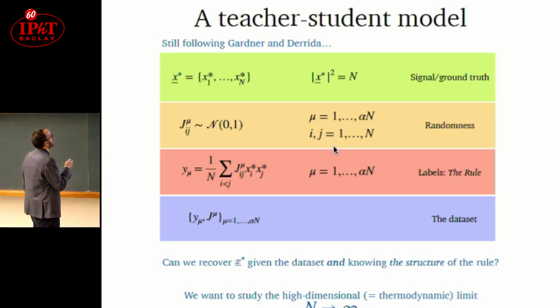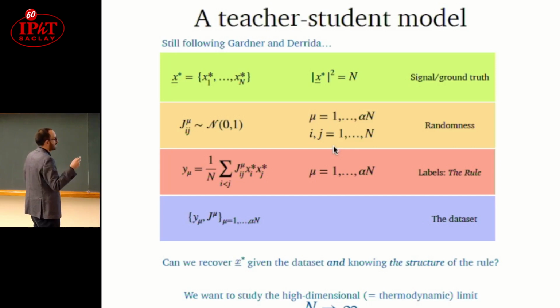Imagine that you have a vector x star. This is n-dimensional, and I'd like just to fix its normalization this way. I call this vector the signal, or ground truth, or the teacher. Now I define a set of random matrices, J mu. Each random matrix is n-dimensional, and n is going to infinity. It's the high-dimensional limit.